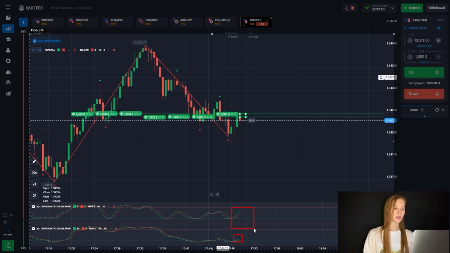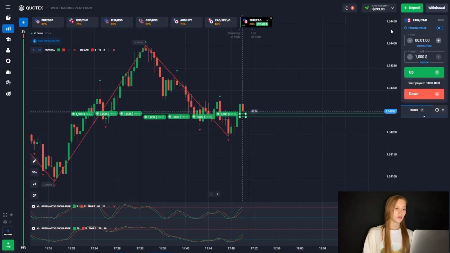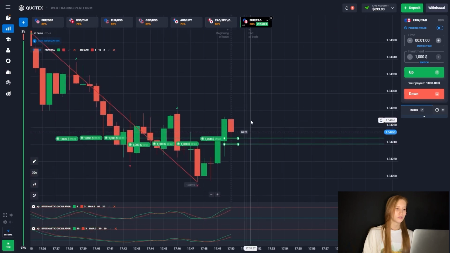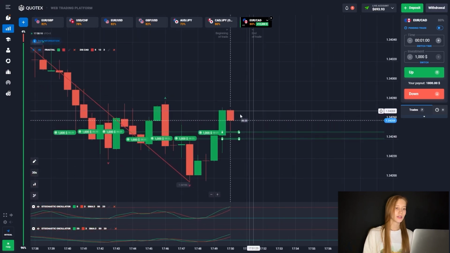Now we mark for ourselves a support zone with the low points. And based on this, we see that we have a downward trend with further rollbacks. I think that the movement should go up at this level. And let's see. A resistance zone has formed.